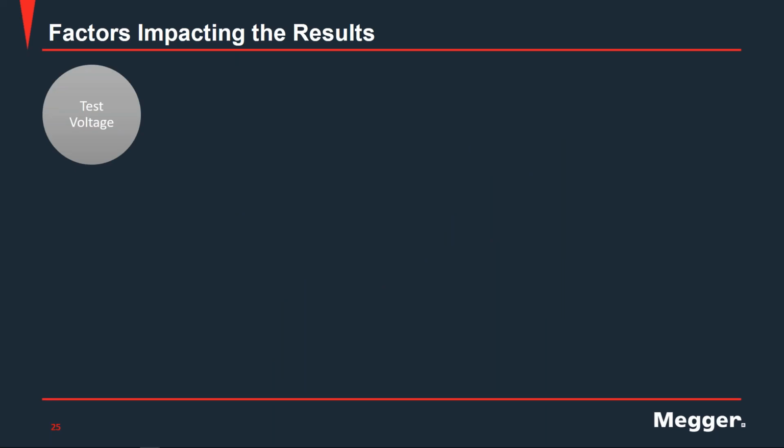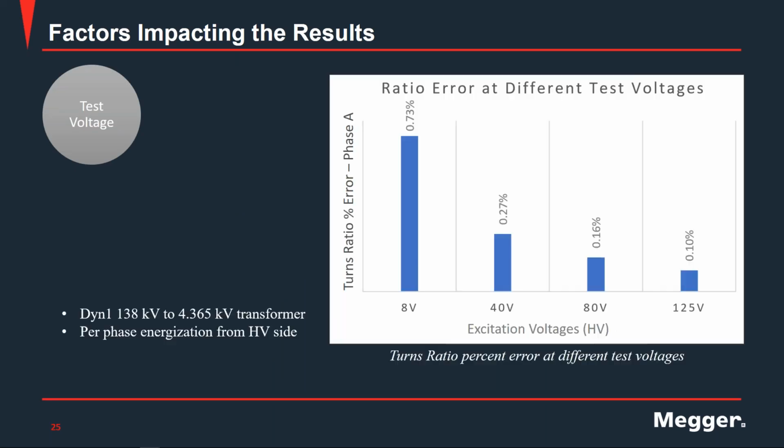So when we look at test voltage, this is what I was alluding to earlier. When you don't inject enough voltage, you will not get a proper turns ratio measurement. So in this example here, a few different voltages were injected on the primary winding, starting with 8 volts and then moving on up to 125 volts. And you can see that at 8 volts, the turns ratio measurement would be considered a fail according to the standards.